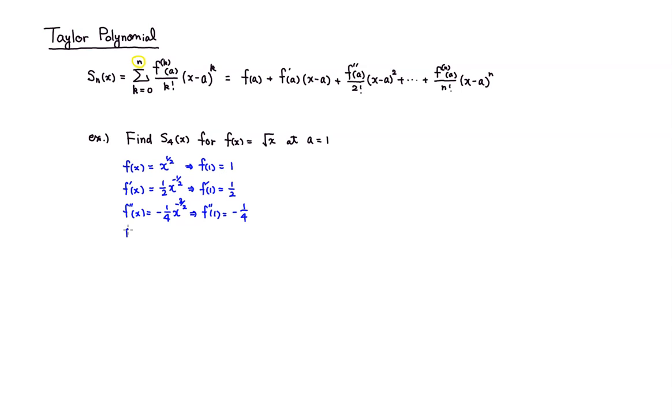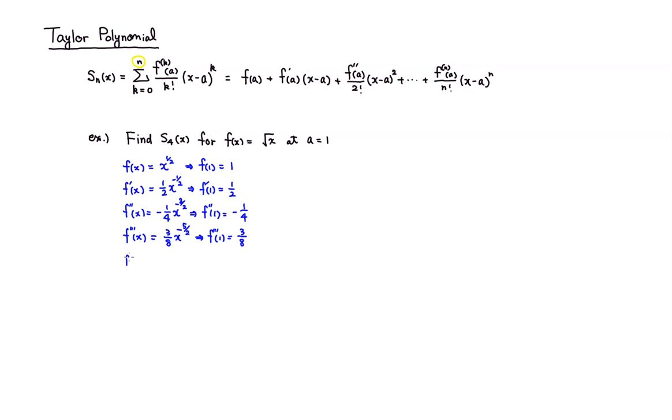And the third derivative, f triple prime of x, is going to be positive 3/8 x to the negative 5/2. If you evaluate f triple prime of 1, you're going to get 3/8.